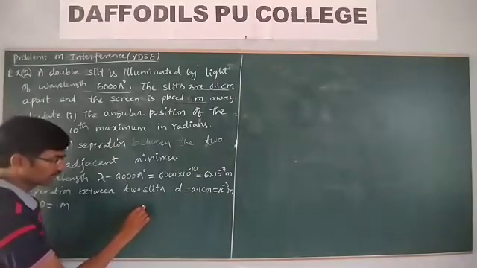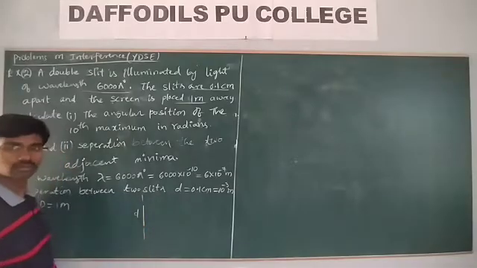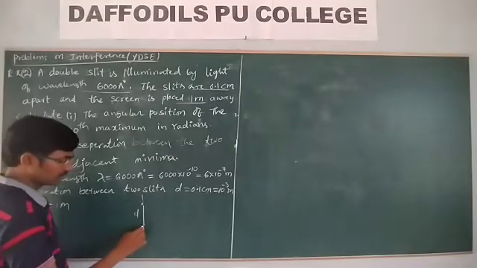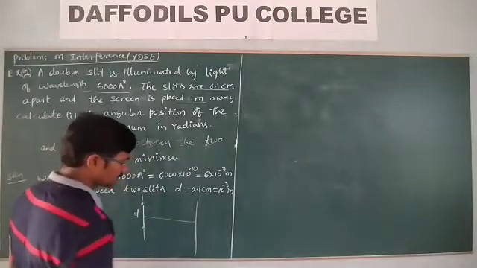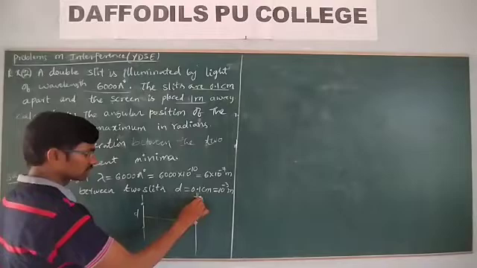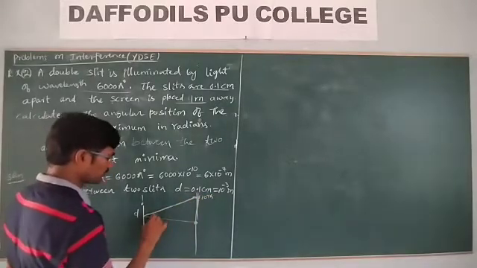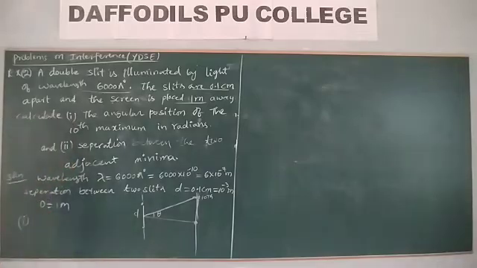Here we have small d, and from the center, the angular width of the 10th maximum. What is the angle of the 10th? That means n is equal to 10.